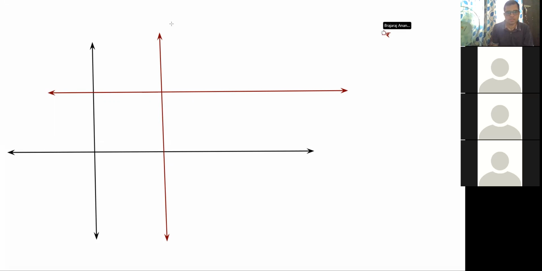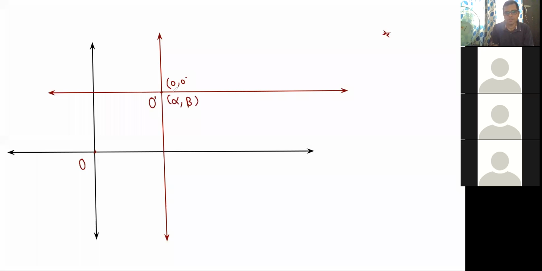So if this was your original origin O, and this is your new origin O dash, and according to the original origin, the coordinates of the new origin are alpha comma beta. अब जब ये यहाँ पे शिफ्ट कर दिया तो ये क्या हो गया? इसके रेफरेंस में ये क्या हो गया? 0, 0.